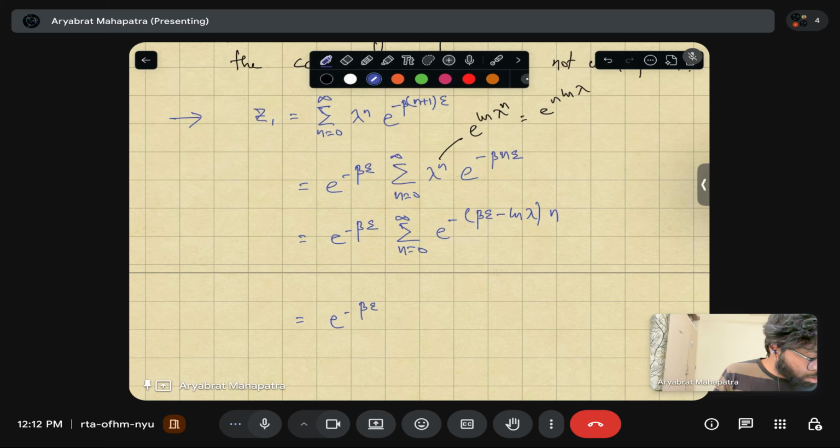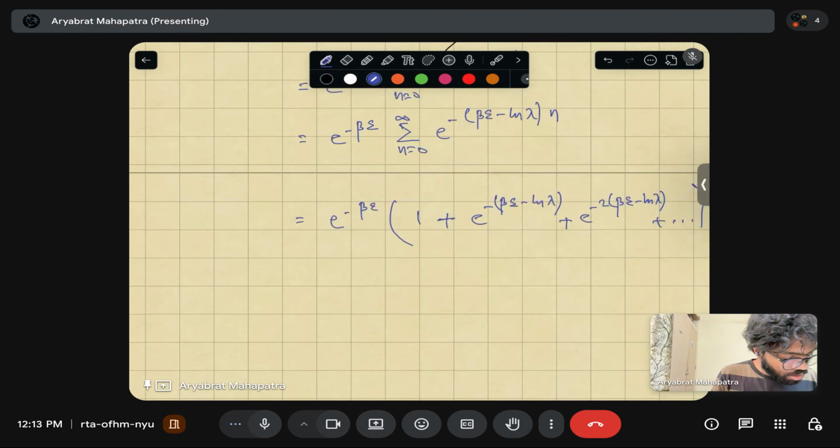Your first term is just one, the second is exponential of minus (beta epsilon minus ln lambda), and likewise the third goes as minus twice of (beta epsilon minus ln lambda).